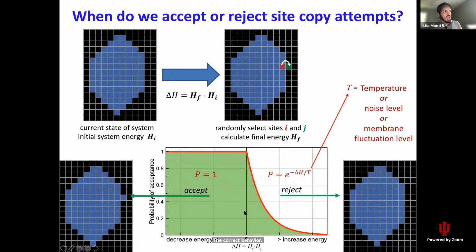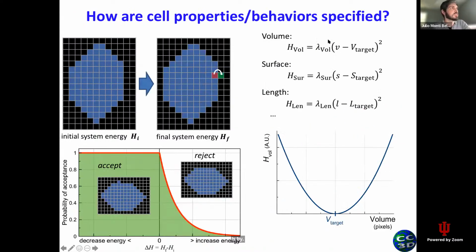So the way you model the energy terms that go into this effective energy is by using constraints. Okay, so in the case of the volume, you say that the cell has a target volume, and you compare that with the current volume of the cell, which is just the number of lattice sites that you occupy.